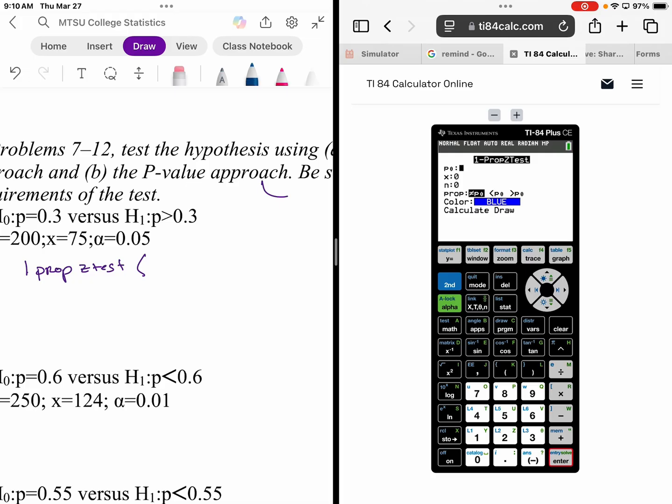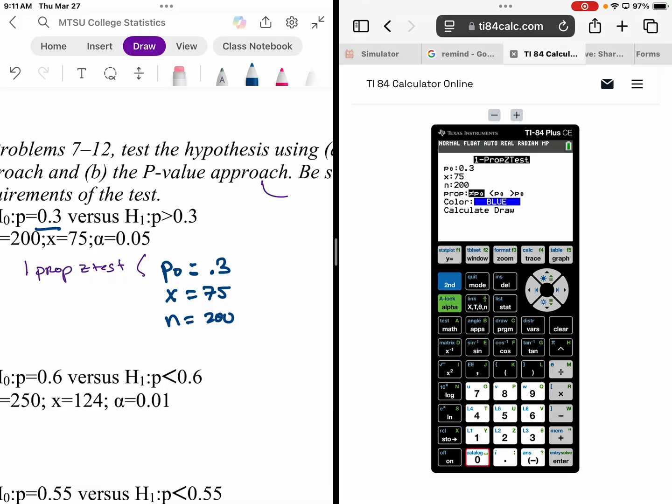Well, the null hypothesis, the p naught, is 0.3. Then we get to type in the X value. They say the X is 75. The N value is 200. So I type those in: 0.3, and then 75 and 200.